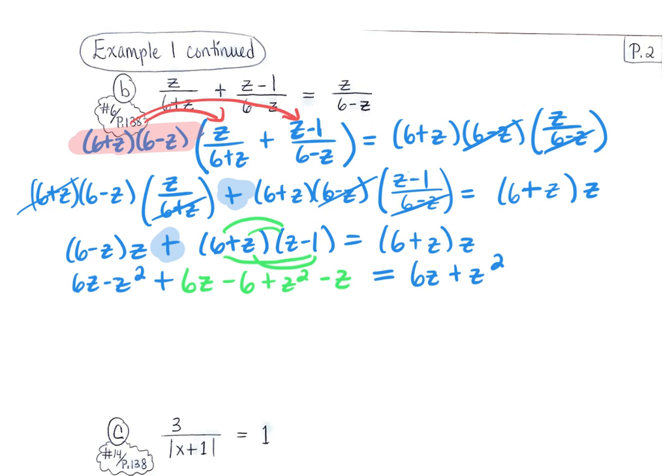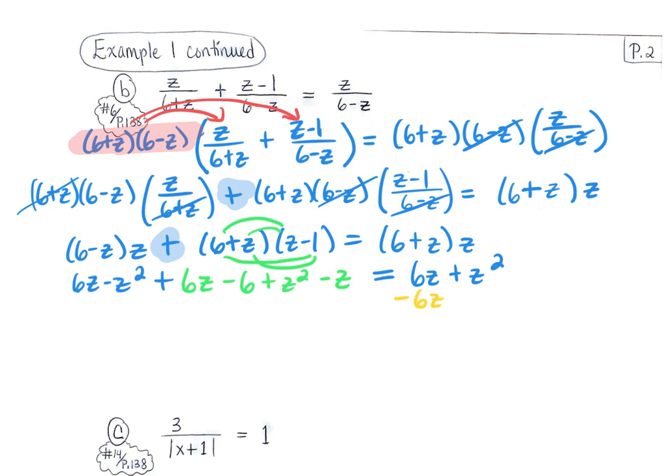So we need to combine like terms. But to combine like terms, we should do what first? Get everything on one side. Yes? So move the 6z and the z squared to the other side, which means we have to do what? That's right, subtract them.